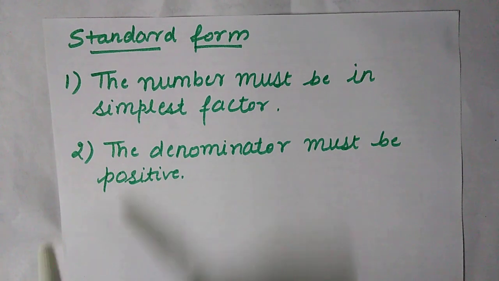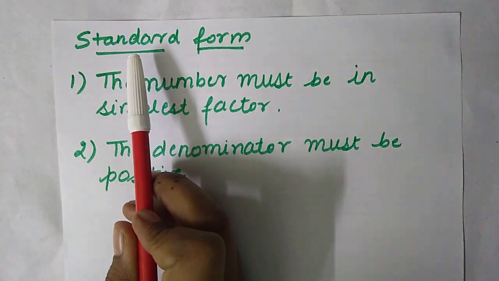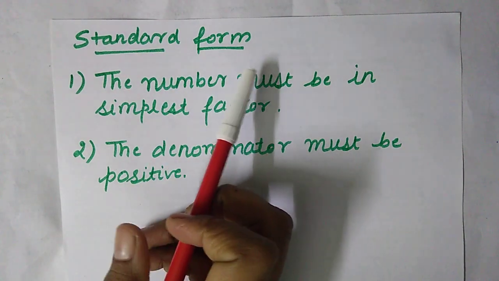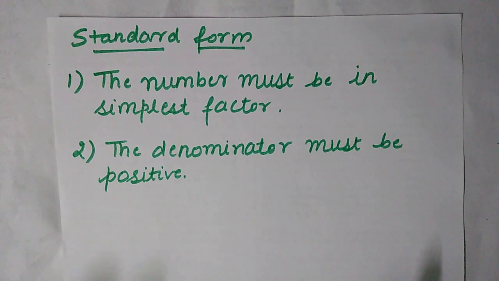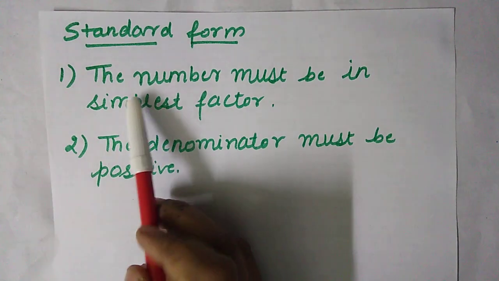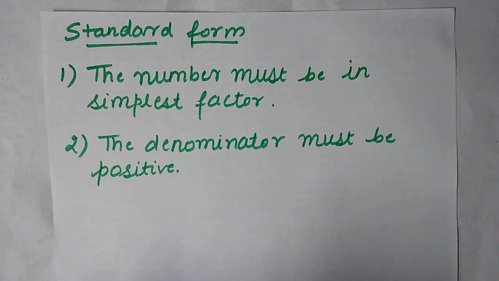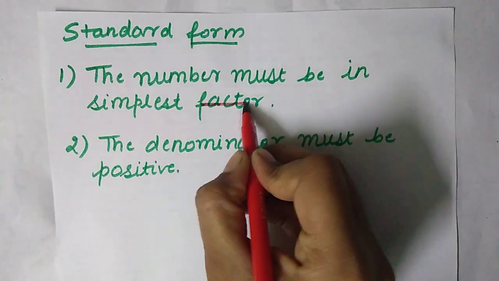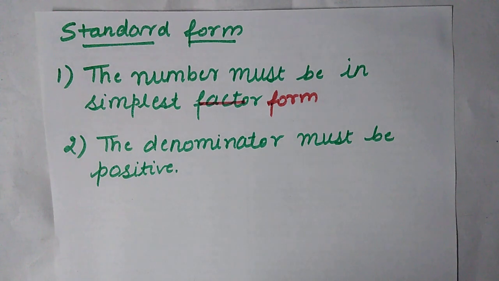Now for today's lecture, our first topic is how to write a rational number in standard form. For writing a rational number in standard form, that number must satisfy two conditions. First, the number must be in simplest form, which means they don't have any common factor other than 1.